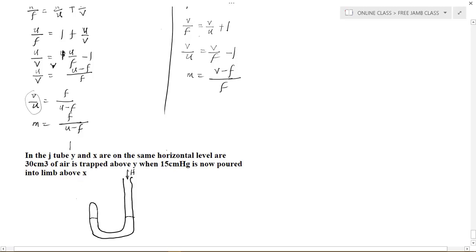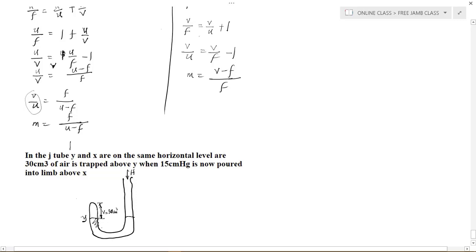But they said that 30 centimeter cube of air is trapped above Y. Okay, this is Y here. They give us the volume: V equals 30 cubic centimeters.